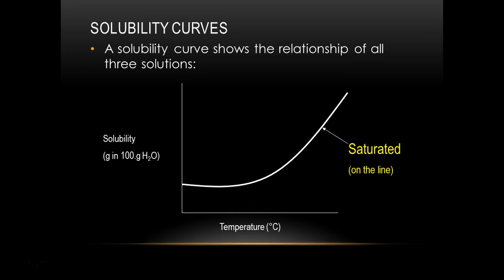There is the line itself, and that represents the saturation point at any point in time. Then you have above the line, so because we're going up on the y-axis, that's more mass at any temperature. So once we pass the saturation point up here, that represents a supersaturated solution. And then we also have our unsaturated, which would be below the line, meaning we haven't added enough.